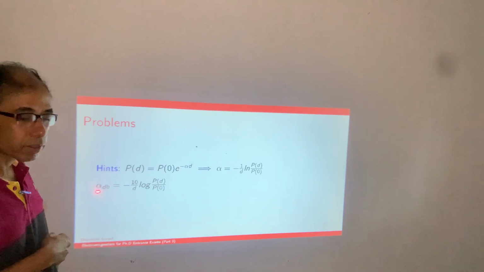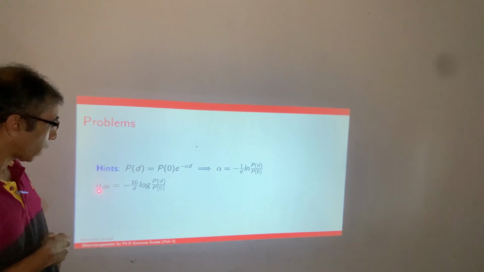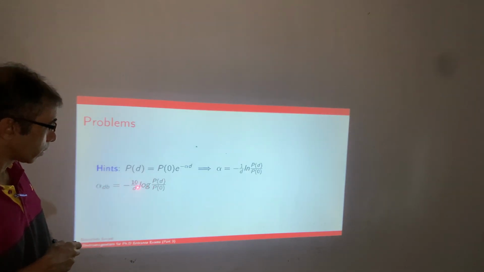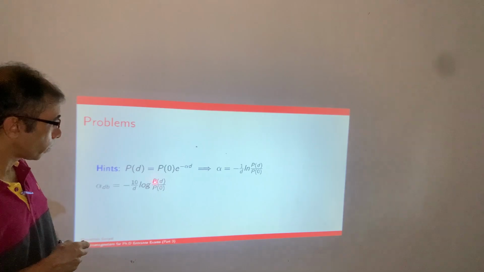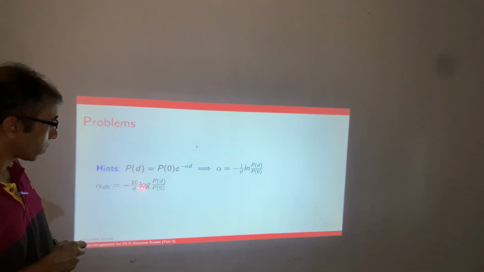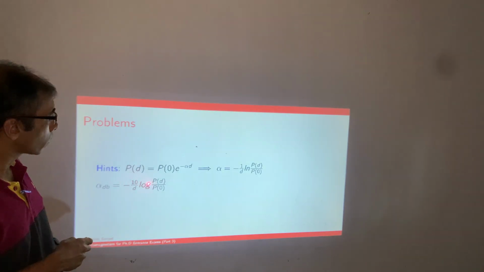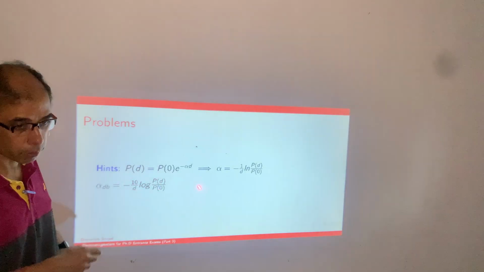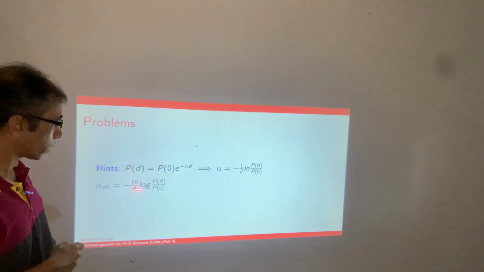So you can define another loss factor, which is alpha in decibel, given by minus 10 by d log P_d by P_0. See, log is to the base 10, so minus 10 by d log P_d by P_0 is the decibel unit. Okay, so that is the decibel unit.